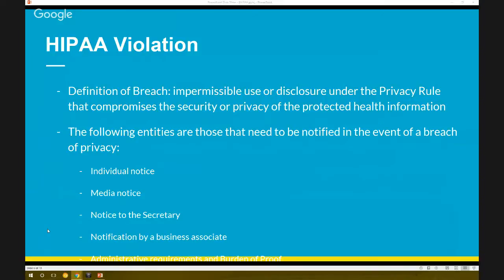This means that the burden of demonstrating that all notifications have been provided or that a use or disclosure of unsecured protected health information did not constitute a breach. So all facilities and businesses need to cover themselves. And this is one of the ways that they can do it as well. Next slide, please.